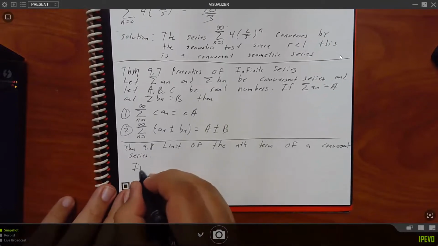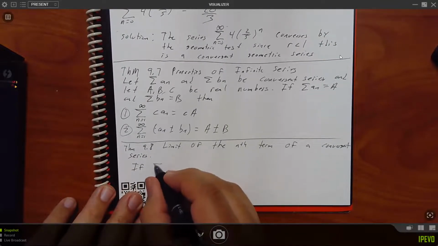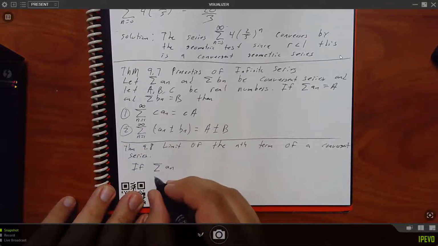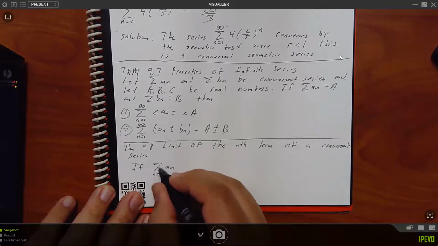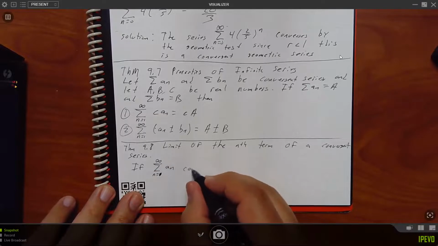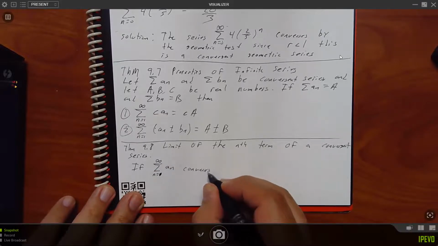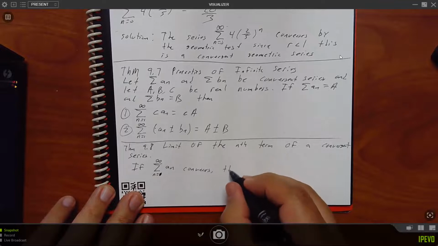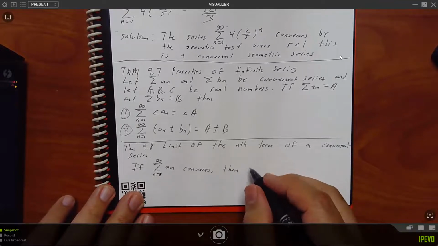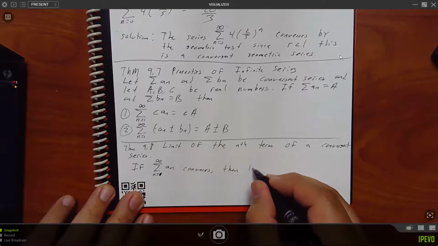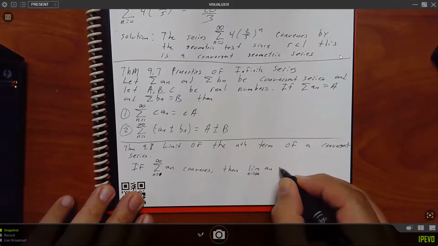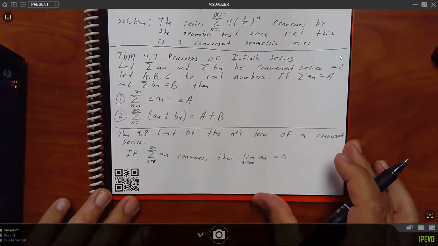So if the series of a sub n from 1 to infinity converges, then the limit of the sequence, the limit of a sub n, is equal to 0. So this is important right here.